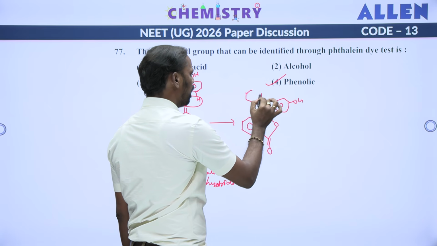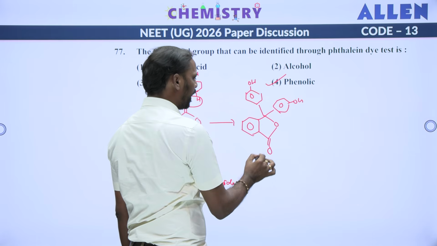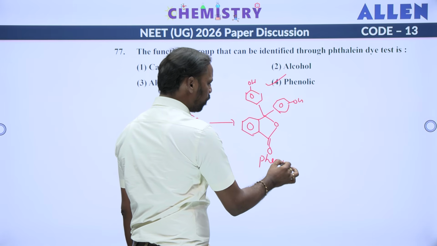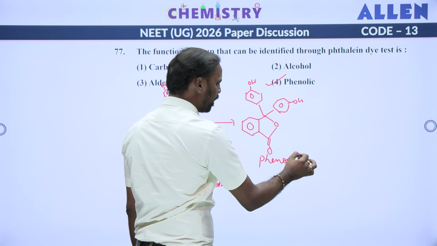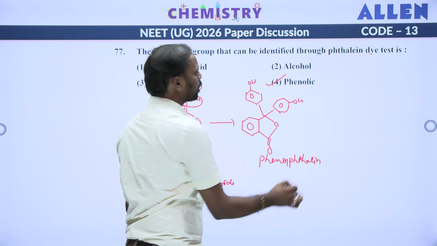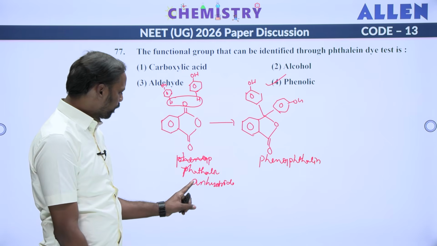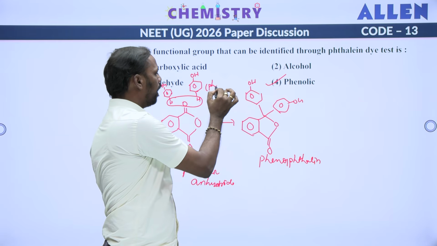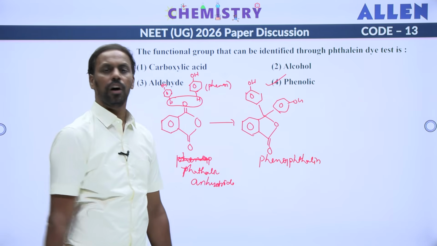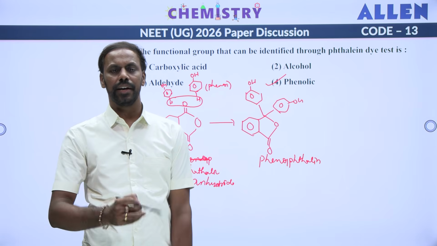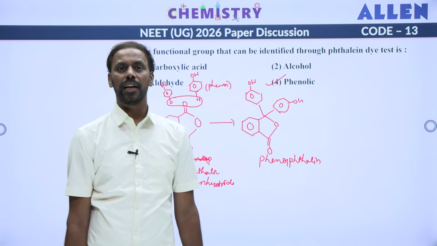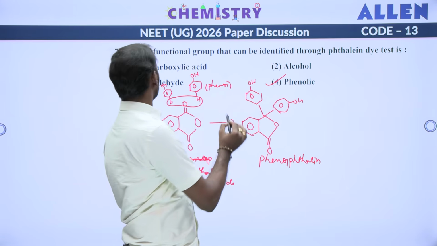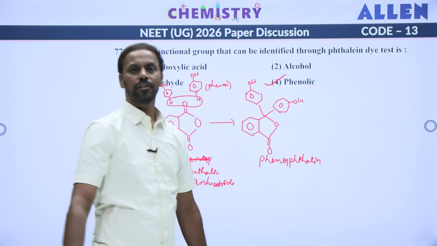So whatever the question is asking, this is the possible answer. Is it clear? So phthalic anhydride is treated with phenol, and it will form phenolphthalein, which is colorless in acidic medium but shows pink color in basic medium. So the answer for question 77 is option 4.